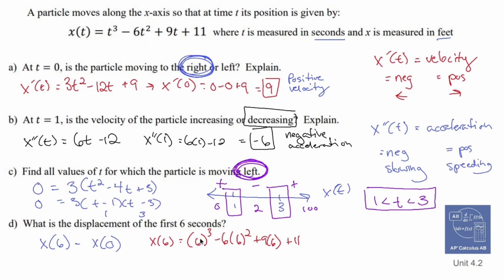This is super convenient because 6 cubed minus 6 times 6 squared cancels out, and you become 54 plus 11, which is 65.